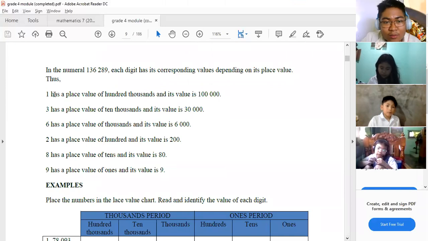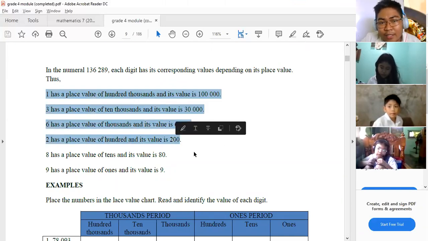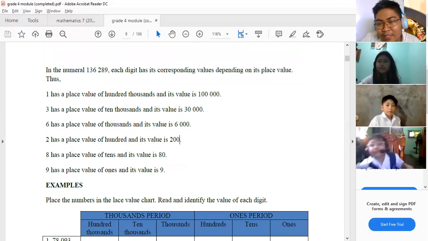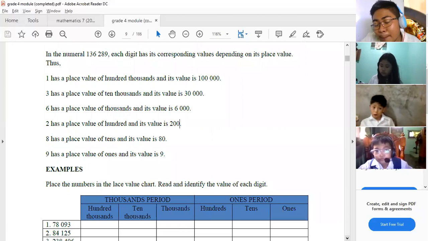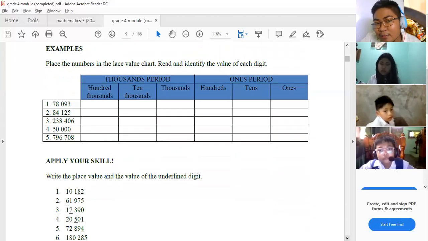There's no need to elaborate on this one. How many zeros are there in the tens digit? One.